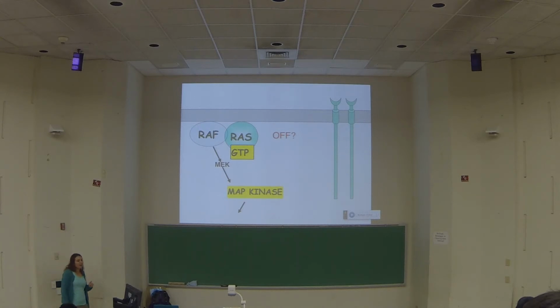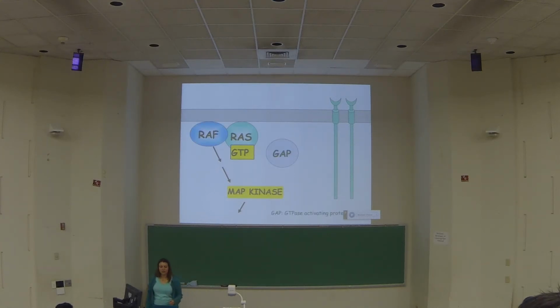In this particular pathway, RAS needed help with its guanine nucleotide exchange. It also needs help hydrolyzing its GTP. So there's one additional protein that is our GTPase activating protein, or GAP.